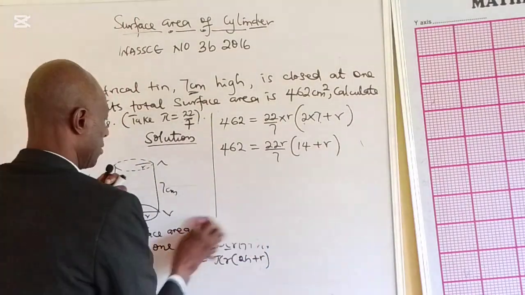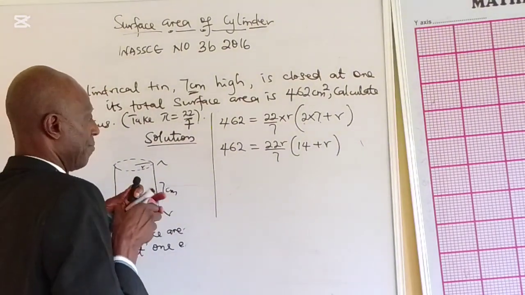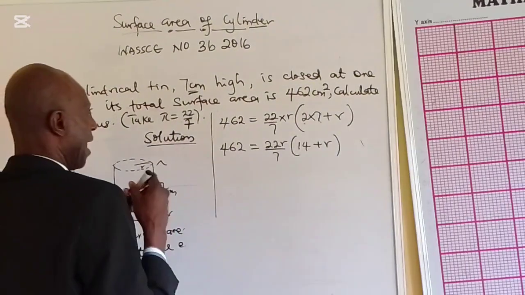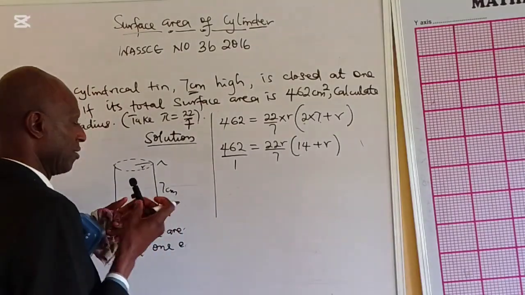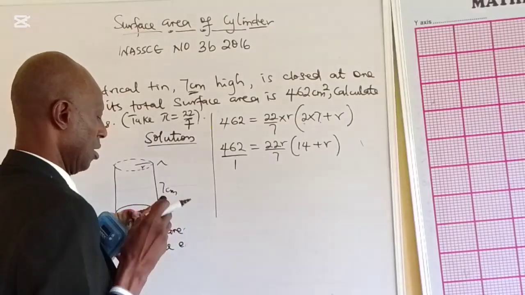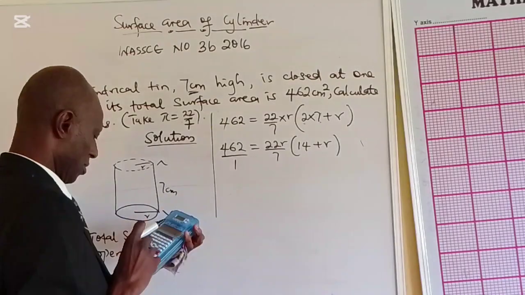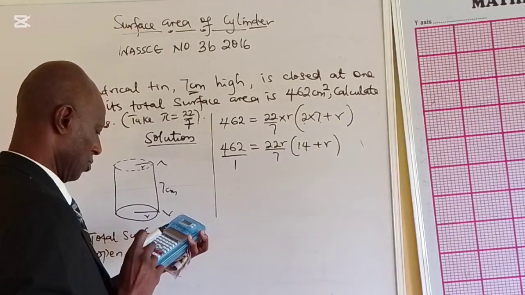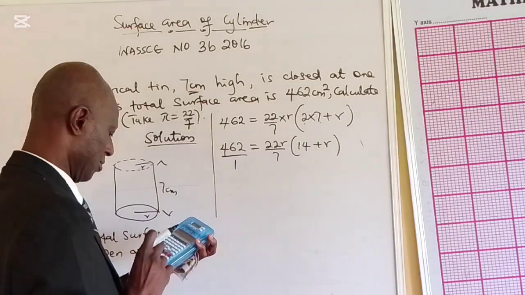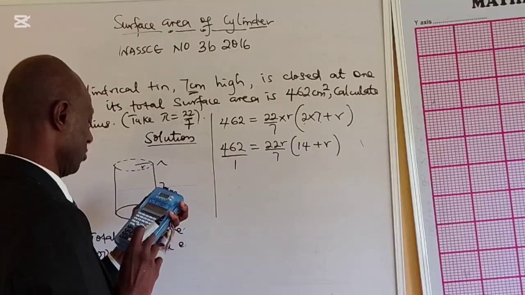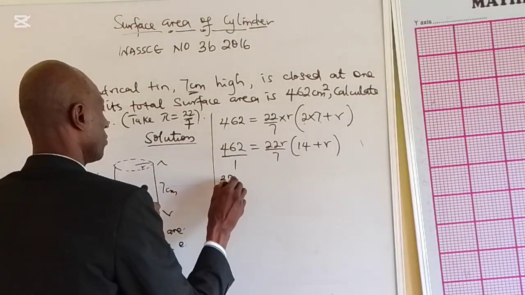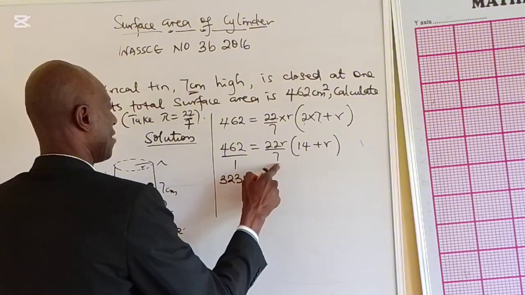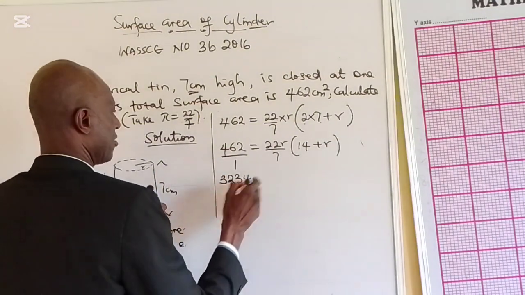When you cross multiply, meaning that I will use 7 to multiply 462. It will give us what? 7 times 462 gives us 3234.